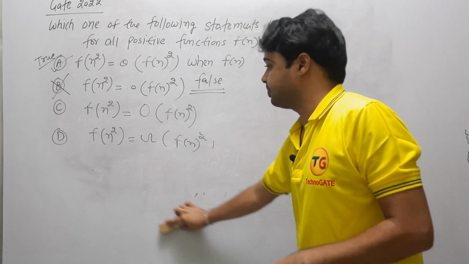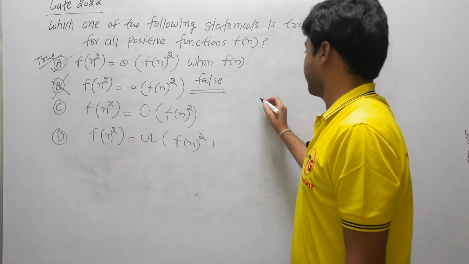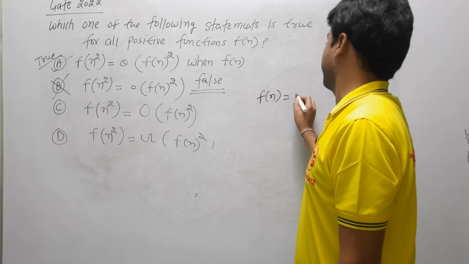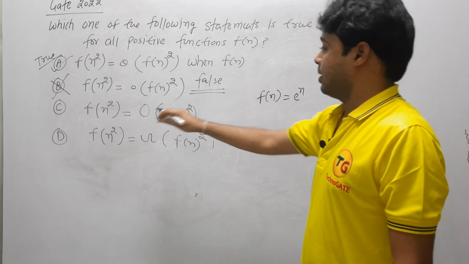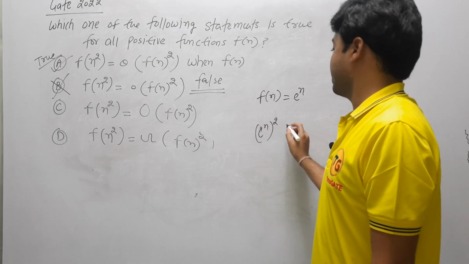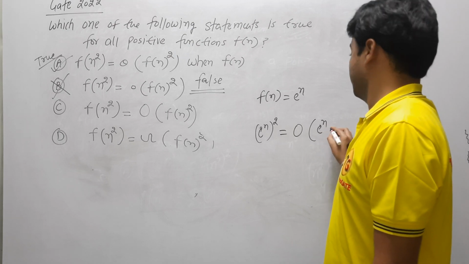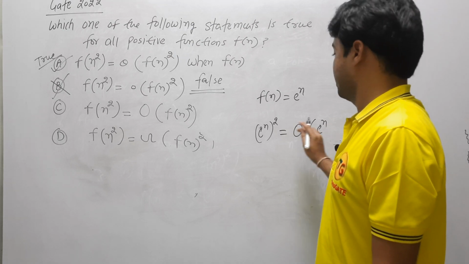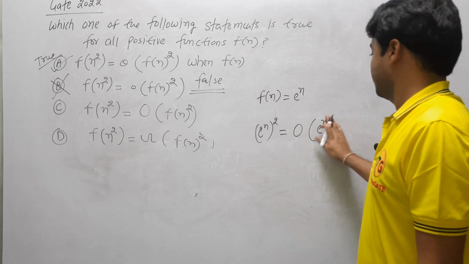Now let's check C. Let f of n be e raised to power n. So put it in C: f of n squared is e raised to power n whole square, and big O of f of n is e raised to power n.